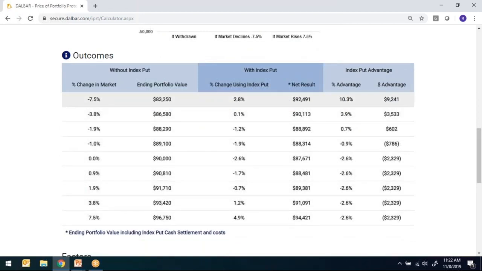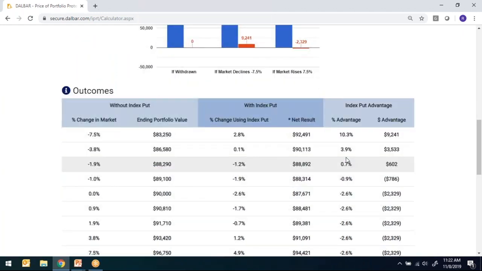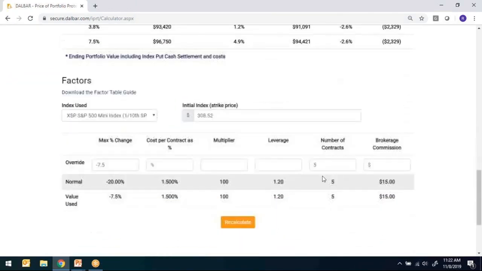And you can see that this table will now look at plus or minus 7.5%, dividing it in half until it gets into the origin here at 0%. So same thing with the graph here. Now it's showing if the market were to decline 7.5% and if the market were to rise 7.5%. So you can control what is displayed here in the outcomes table as well.